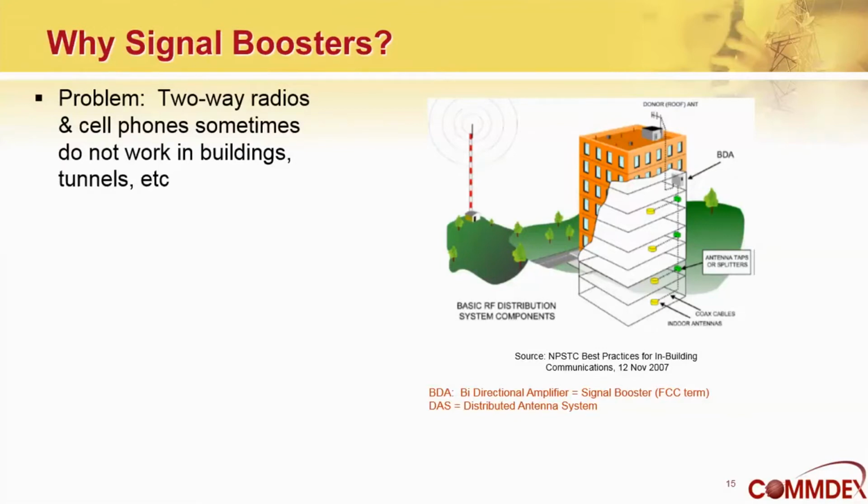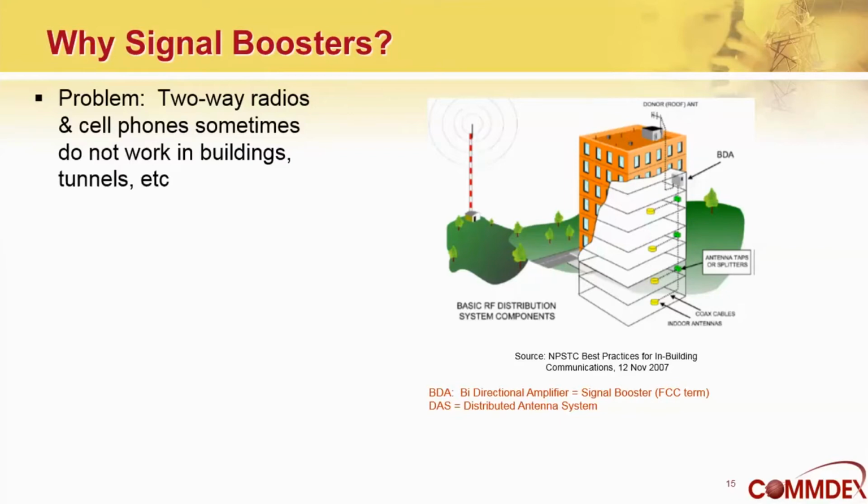They can sometimes be thick walls that you just can't get the signal inside. So you have to have a way to get the signal in the building, distribute it all around the building, and provide two-way communications back to the system. So that's where your signal boosters come in.